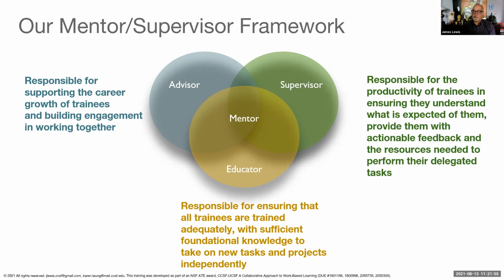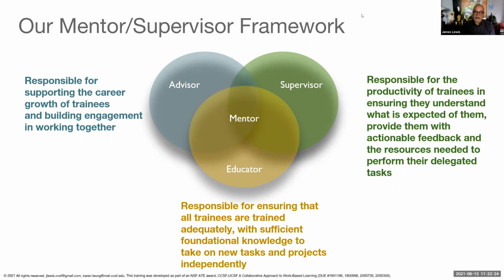But there is some apprehension around assuming the supervisory role, to the extent that this role focuses more on productivity and getting work done, and somehow seems to compete with the other mentoring goals related to learning and career development. We firmly believe that one needs to be mindful of all these roles and recognize the value of each in strengthening and sustaining a good working relationship.